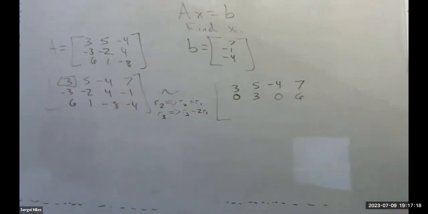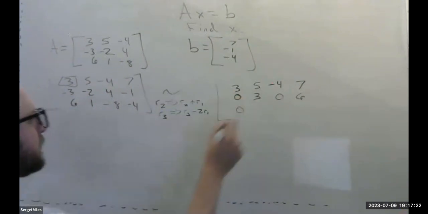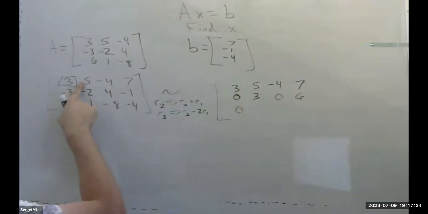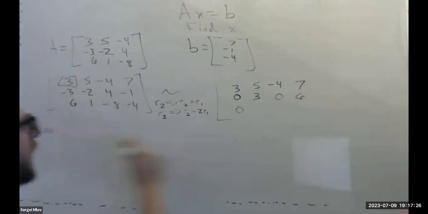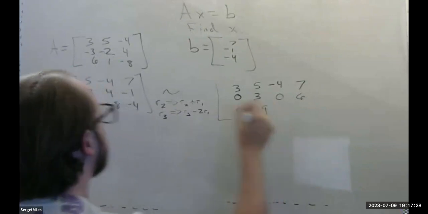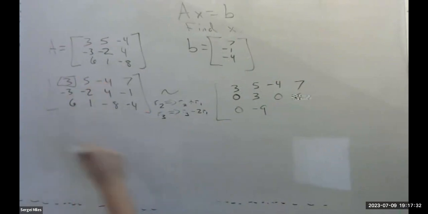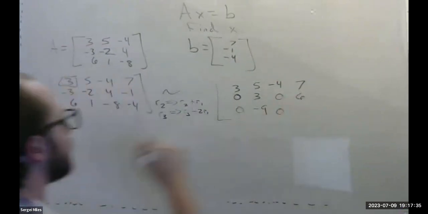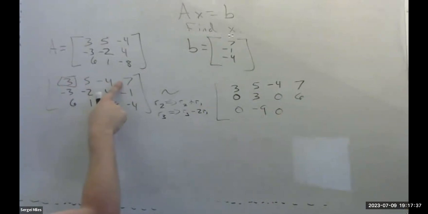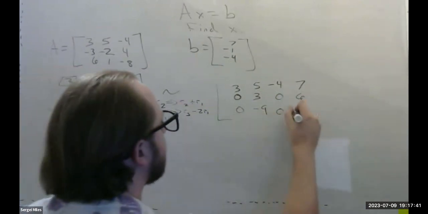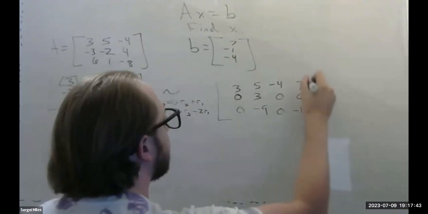All right, what happened to row 3? 3 times -2 is a -6. That's 0. 5 times -2 is a -10. When I add, I have -9. -4 times -2 is a +8. So when I add, I get 0. And then lastly, 7 times -2 is -14. When I add, -18.